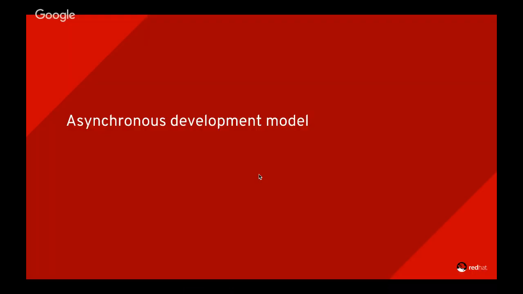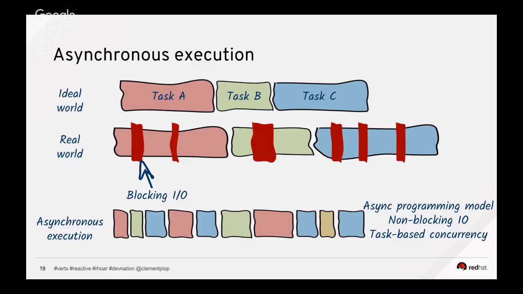But before doing that, let's explain why it's complicated by introducing you to the asynchronous development model. In the ideal world, when you have three things to do, you do the first thing, then the second thing, and the third thing, and everything will be fine, and you're done at that point in time. But in the real world, we have I/O, and this task A will be blocked because it's calling other services or doing, for example, some processing or something like that, and for that time, it's waiting.